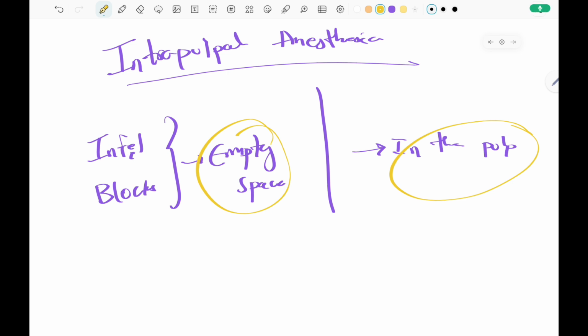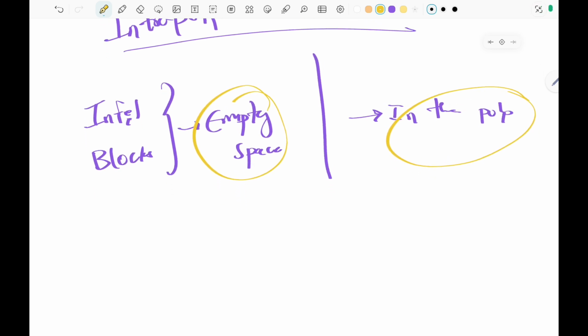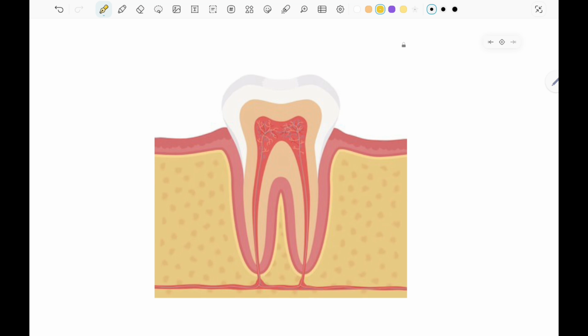Now, what is the technique for intrapulpal anesthesia? Whenever you want to give an intrapulpal anesthesia, you never place your needle inside the pulp chamber. You should be aiming into the pulp canal. This is where you have to give the anesthesia, not inside the pulp chamber, because when you give it inside the pulp chamber, there's a high chance all the liquid can move out of the tooth and not cause the pressure that is required.